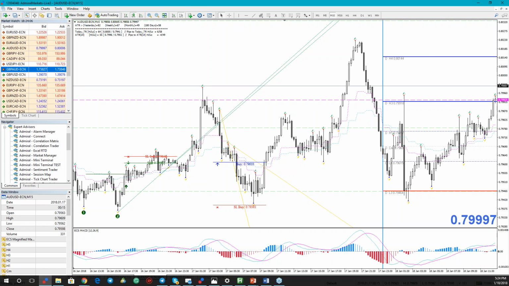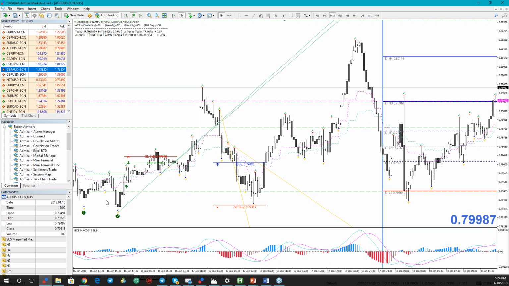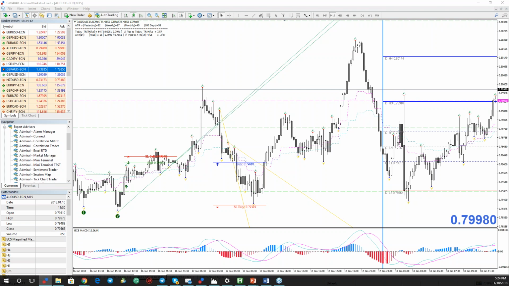Let me remove other indicators, like type 3. We don't need these. We are not interested now in other indicators, just this. Okay, this is something that we are modifying.